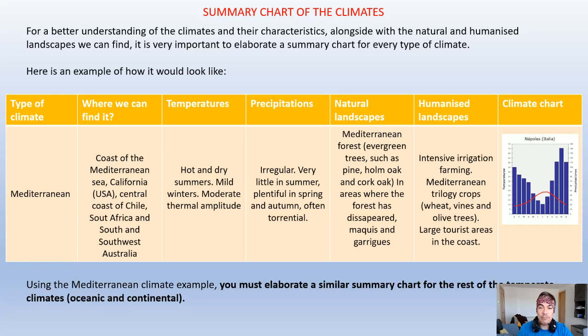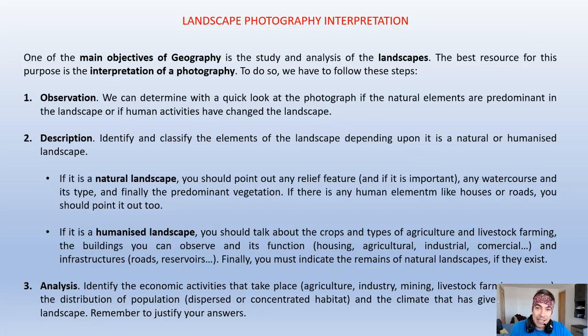And finally, the other activity we are going to carry out in these months until the end of the course is the interpretation of landscape pictures. Okay, why? Because one of the main objectives of geography is the study and analysis of landscapes, and the best resource for this purpose is the interpretation of a photograph.